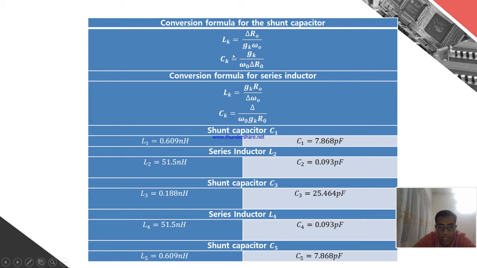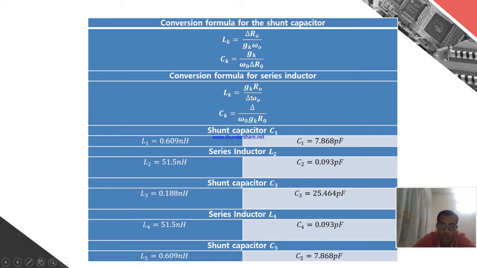The first one is the shunt capacitor. Using the formula, we find the inductor is 0.909 nanohenry, and the capacitor is 7.868 picofarad. The next one is series inductor.